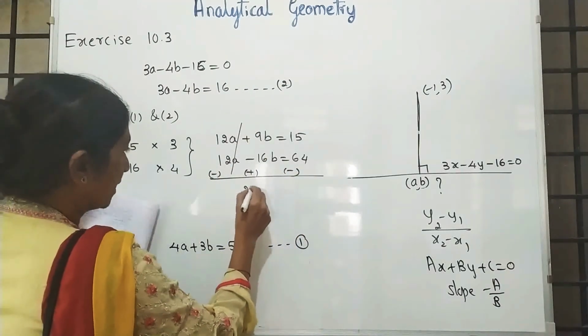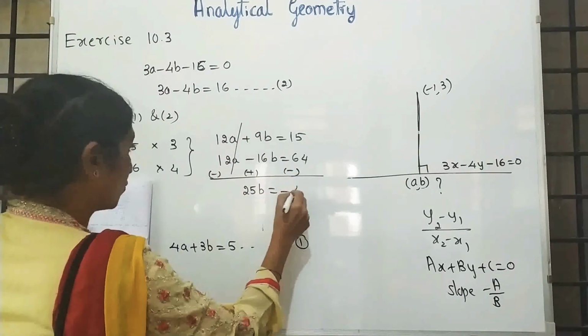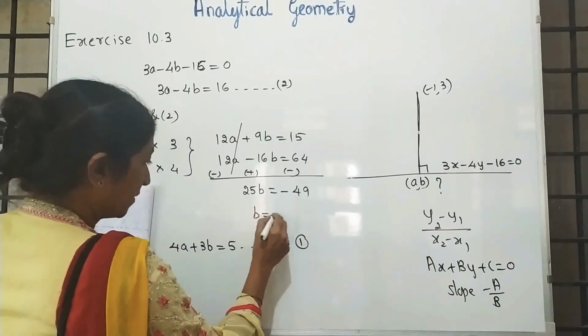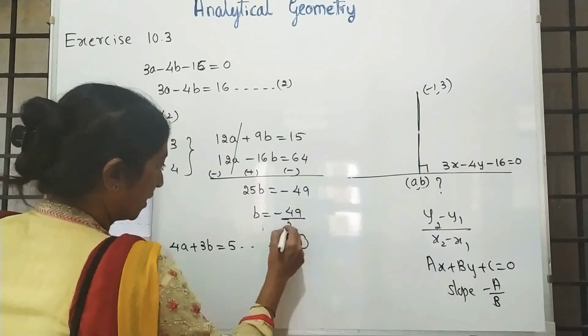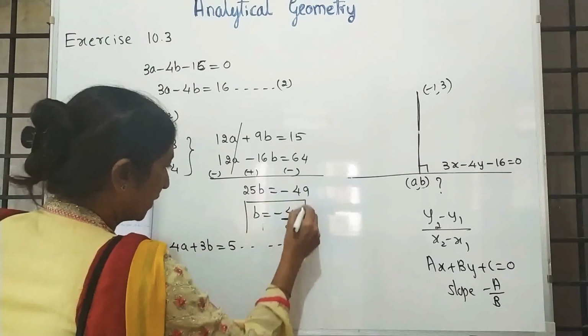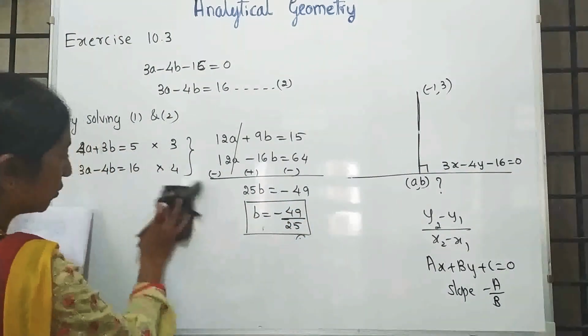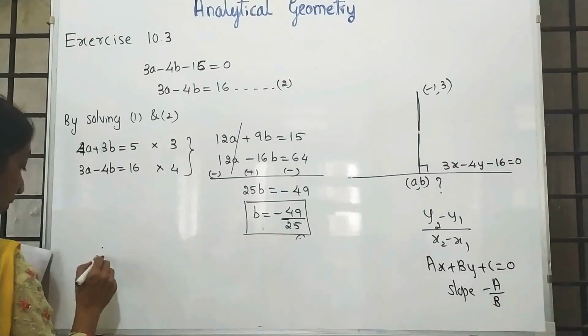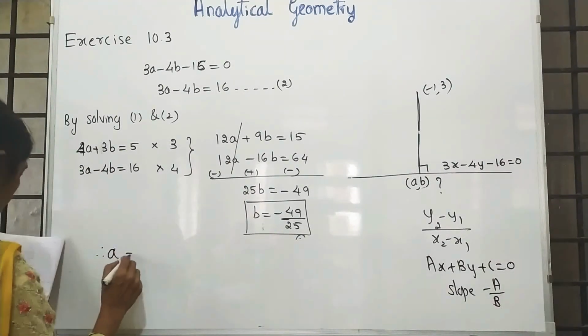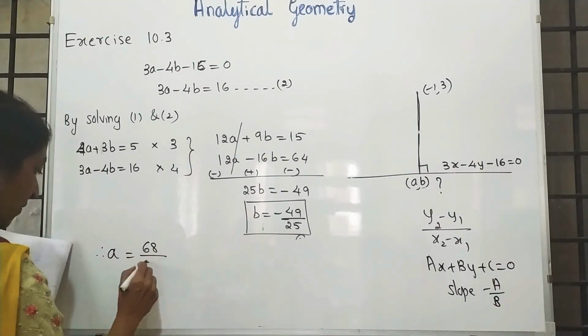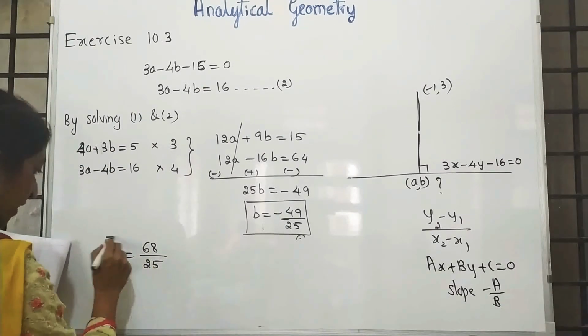Subtracting, 25b is equal to minus 49, so b is minus 49 upon 25. Now substitute this b value in any one of the equations and you will get the a value. Therefore a is equal to 68 upon 25 after substitution.